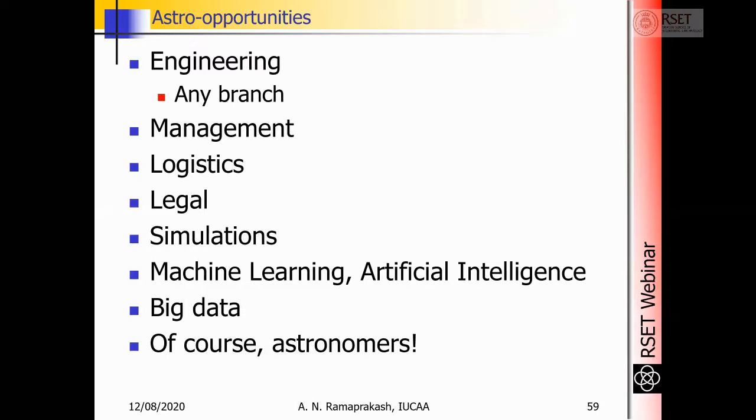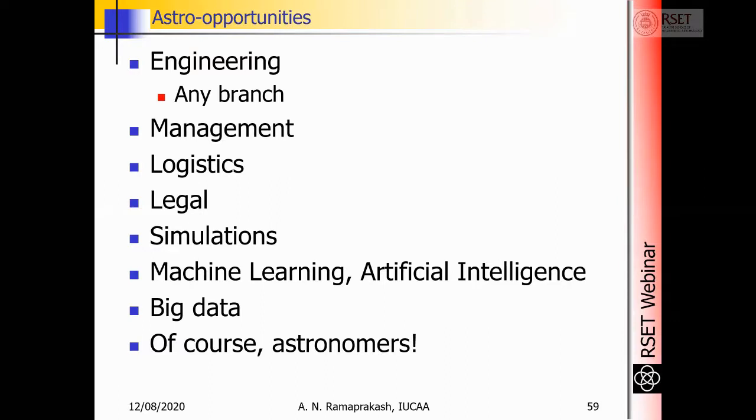But we need engineers first to build them, and management gurus to run the show, and legal people to make sure that we don't go to jail, and artificial intelligence people, or big data people, to make sure that petabytes of data which is produced every month, no human being, no astronomer as a human being, is able to look at this data and individually study objects.